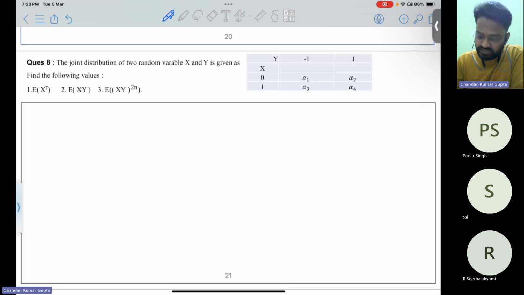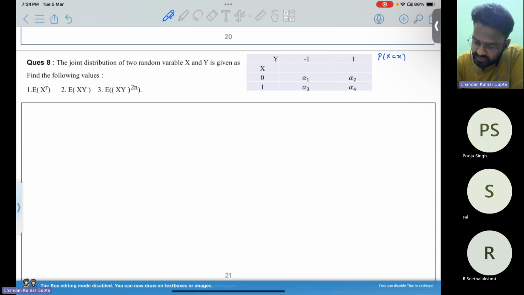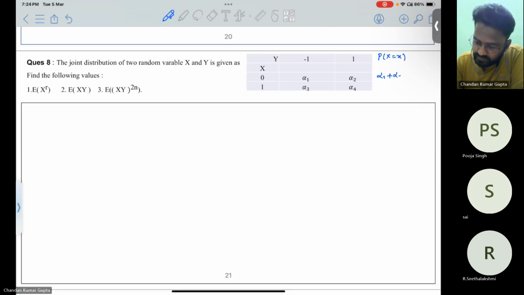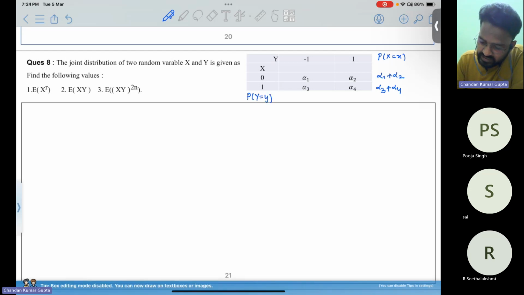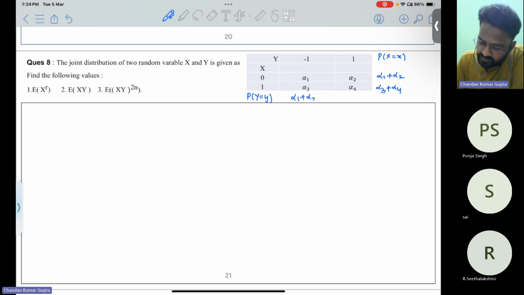So again, it is a joint distribution, so the marginal can be written like this: alpha 1 plus alpha 2, alpha 3 plus alpha 4, and marginal of y can also be written as alpha 1 plus alpha 3 and alpha 2 plus alpha 4. That means alpha 1 plus alpha 2 plus alpha 3 plus alpha 4 equal to 1.